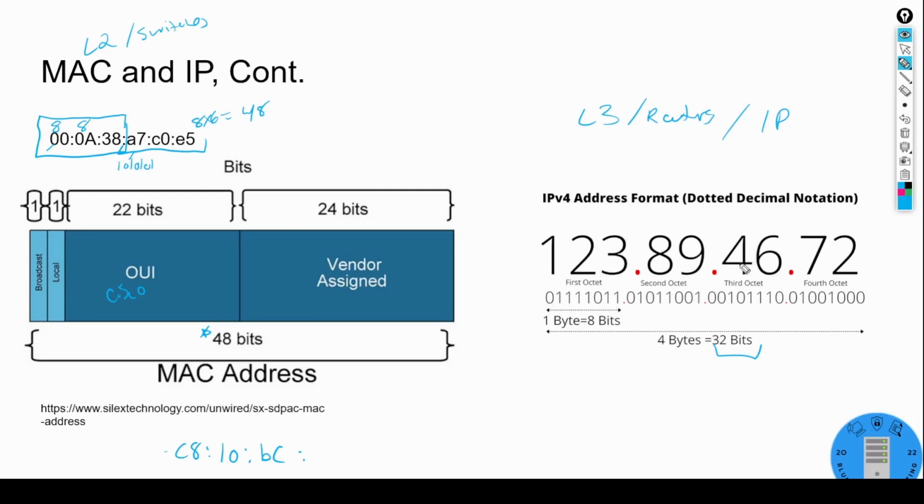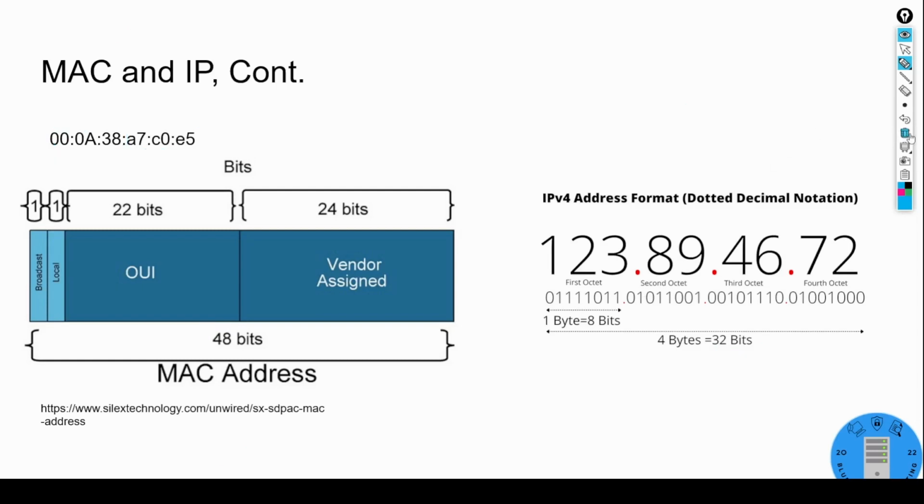So 8 times 4 is 32, and you can convert out your IP address into binary notation for ones and zeros. Again, logical, physical, 48 bits, 32 bits, routers and IPs, switches, and MAC addresses.